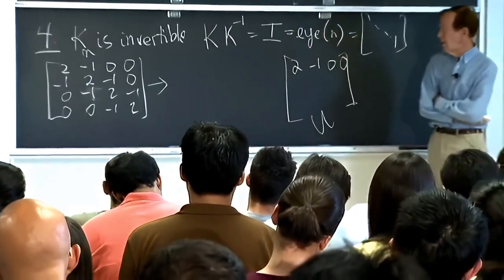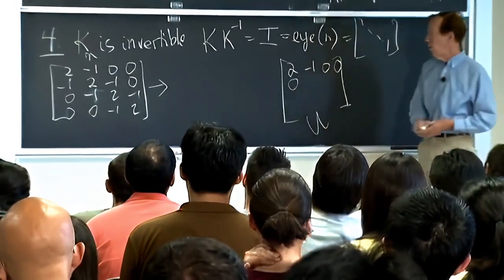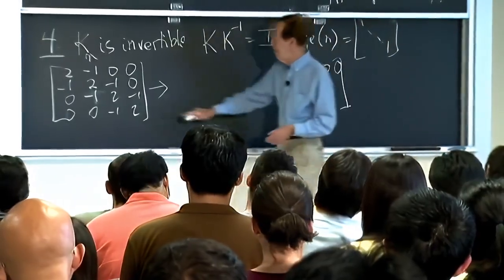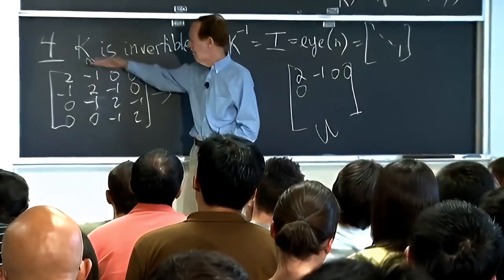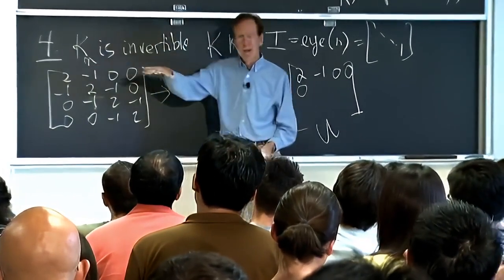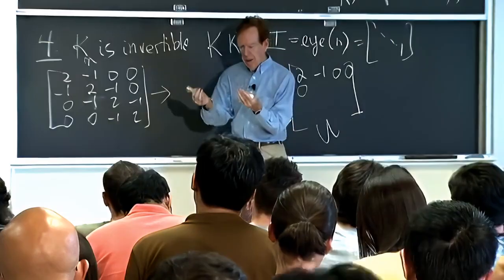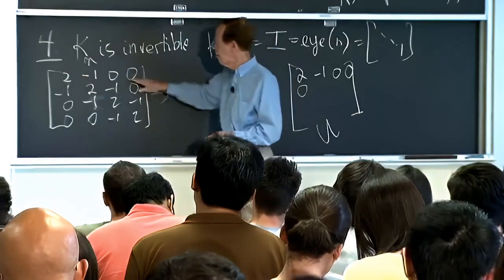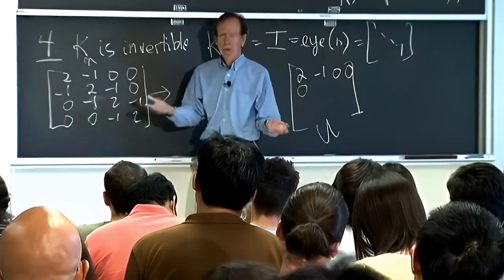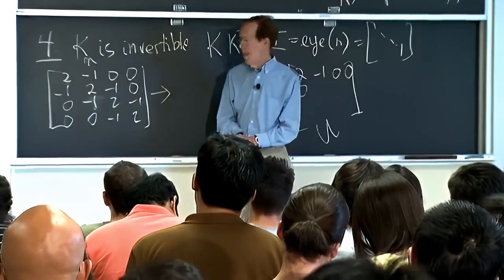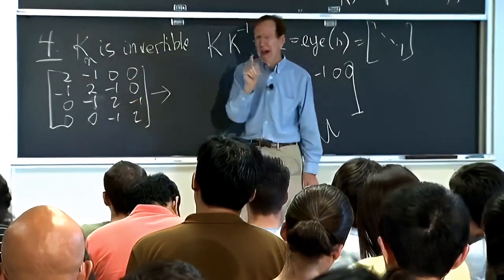How do I get a 0 where the -1 is right now? I want to use the first row, the first equation. I want to add some multiple of the first row to the second row. And what should that multiple be?